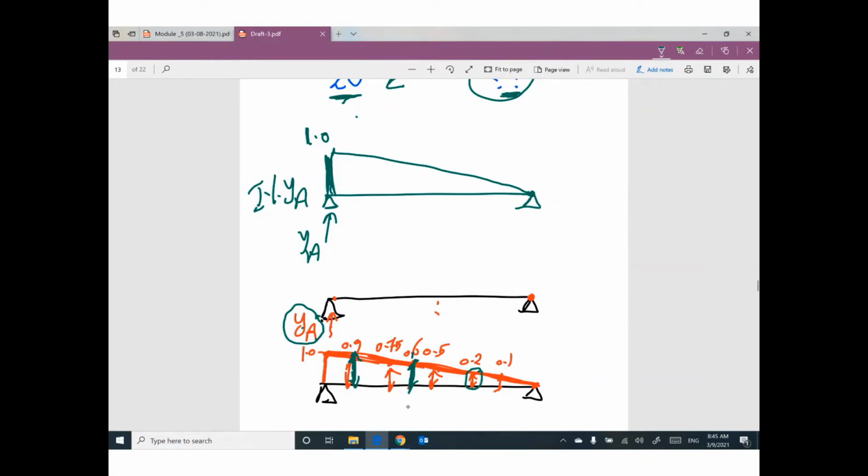YA as a reaction equal 0.2 kip if the unit load is here. So this diagram represents many values. These values represent reaction YA when the moving load is at the position of these values. In a different way.